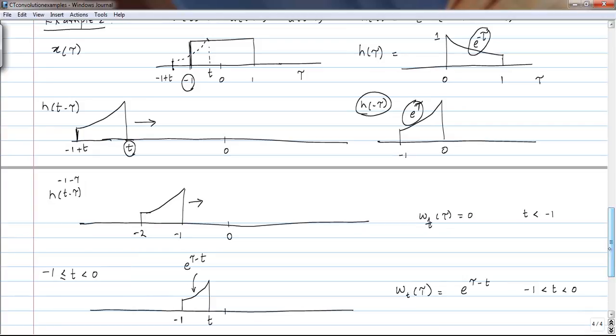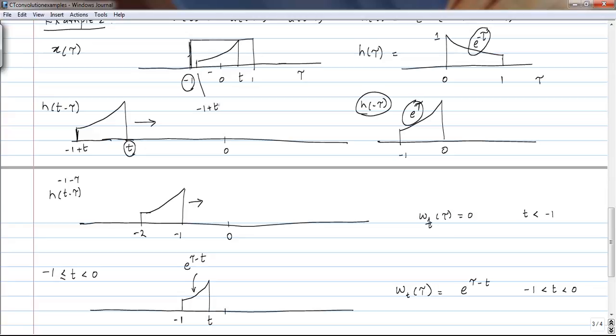Okay, so what's the next range of t that I want to consider? Well, the next range of t I want to consider can be obtained by doing this. When negative 1 plus t falls here, suppose this is t and this is negative 1 plus t.